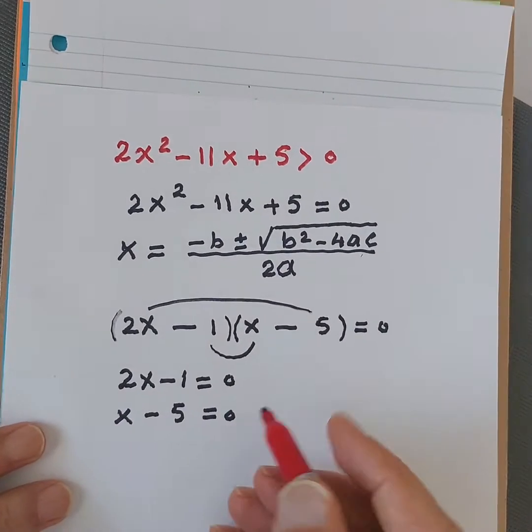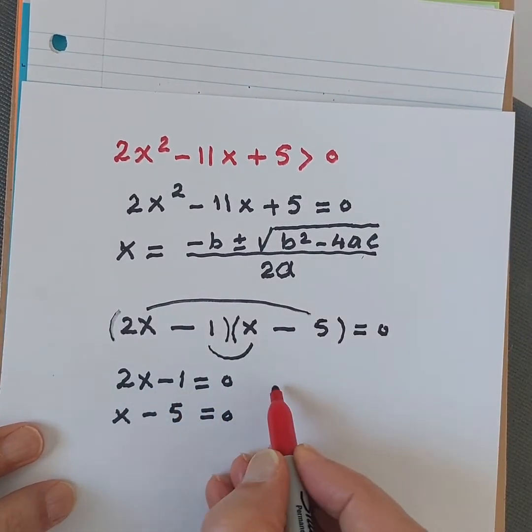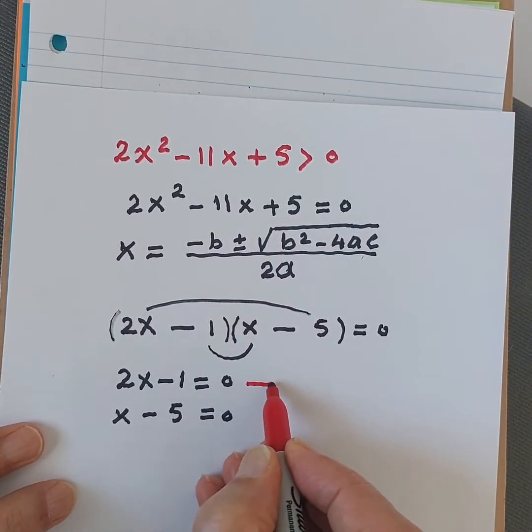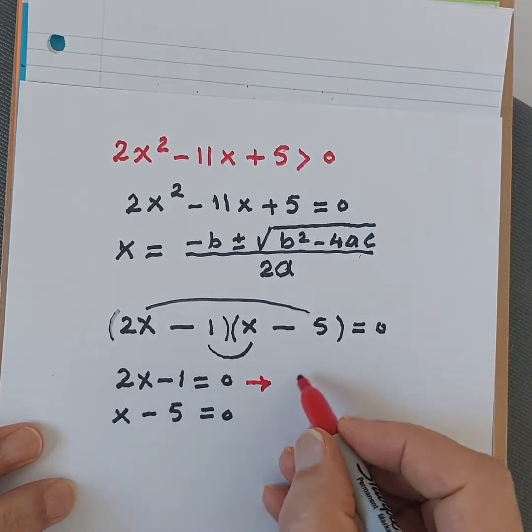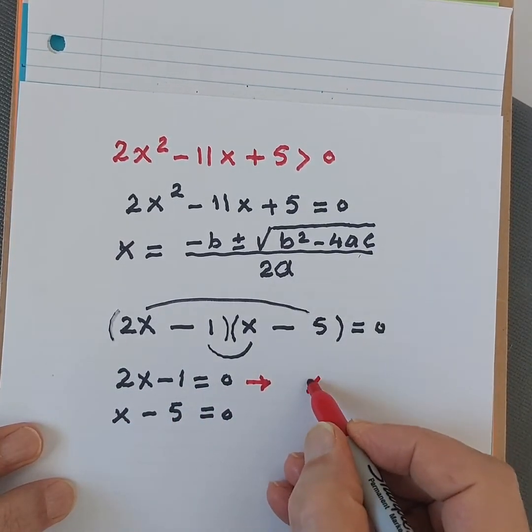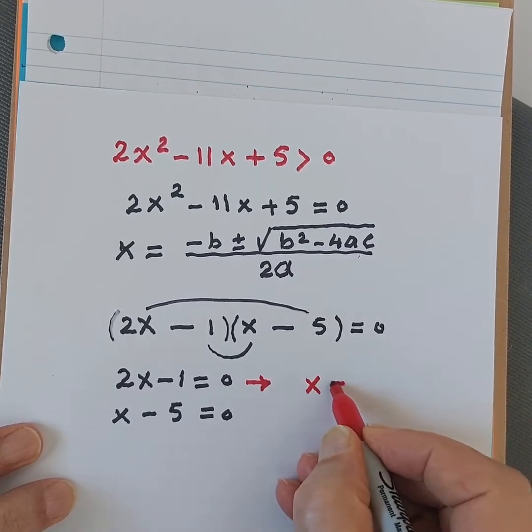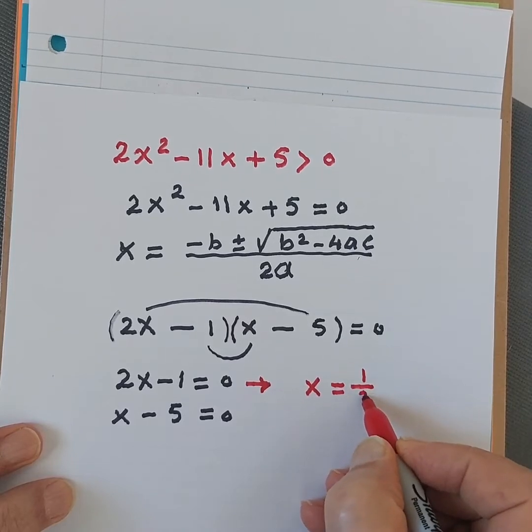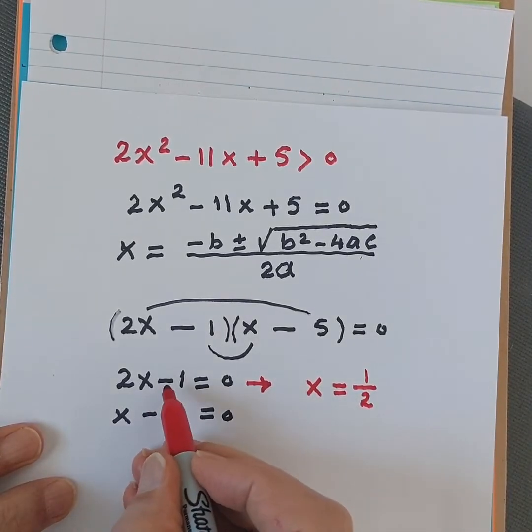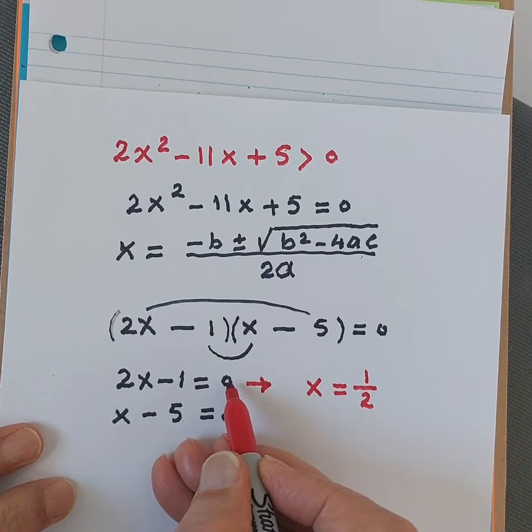The first statement here, or the first equation, is the simplest equation. It will lead you to x is equal to 1/2, because when you move negative 1 to the other side it will be plus 1.